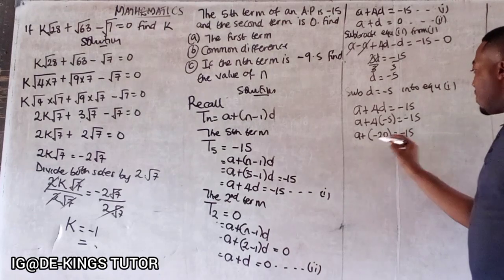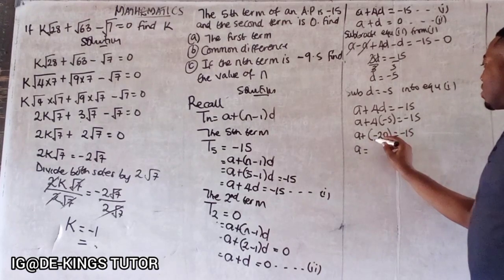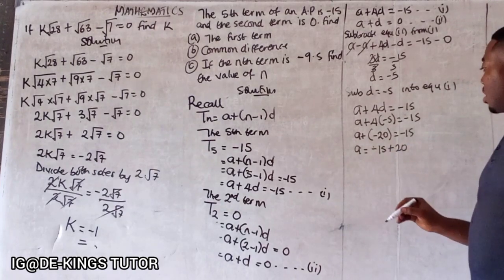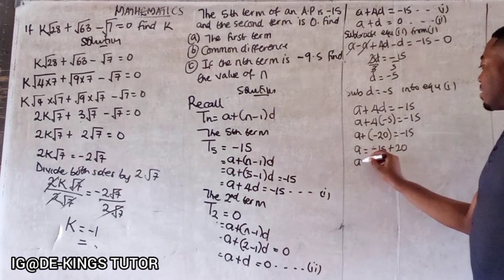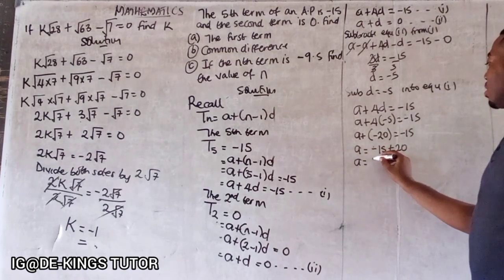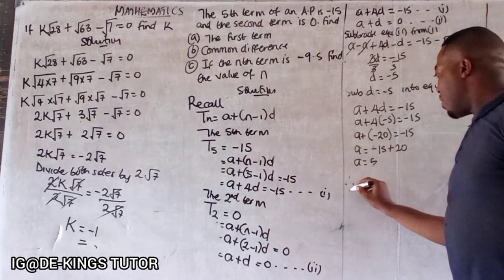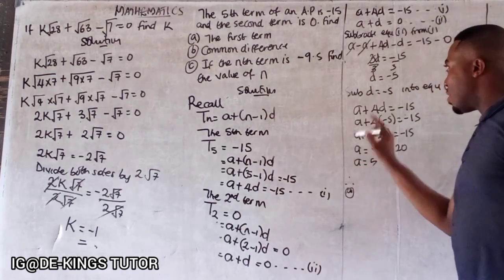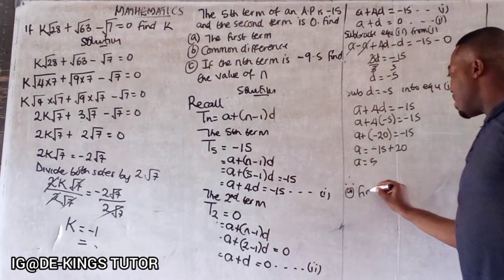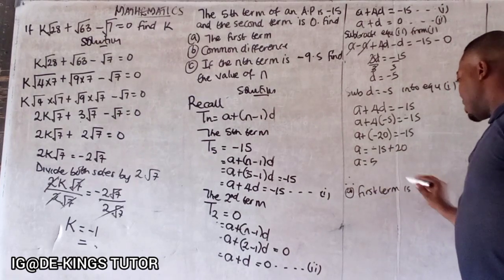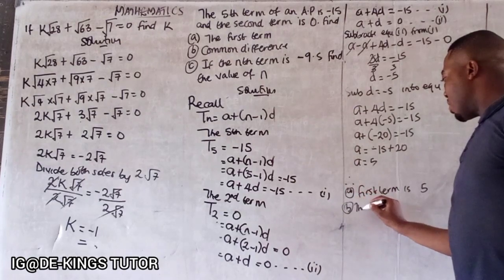I make a the subject: a equals minus 15 plus 20, which is positive 5. Therefore, the first term a is 5. B, the common difference, is minus 5.